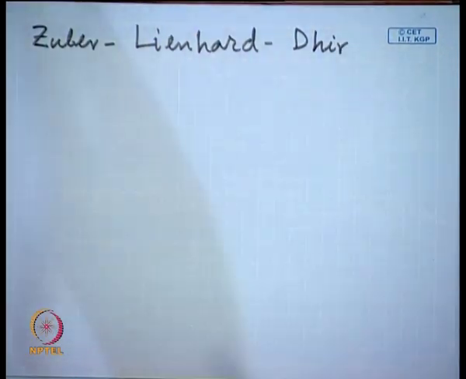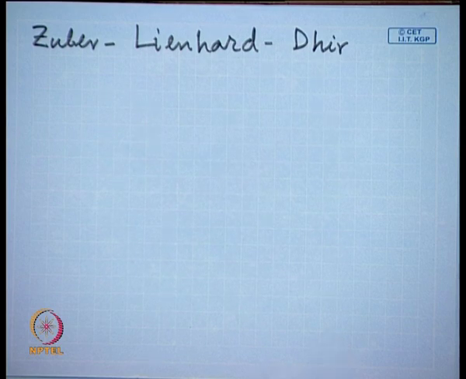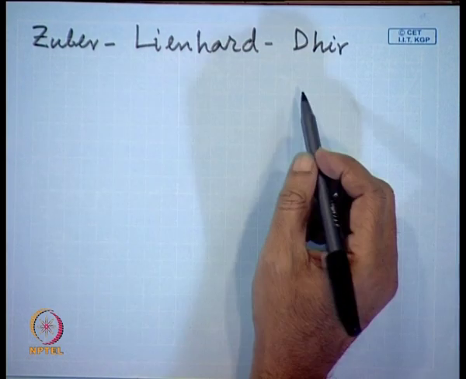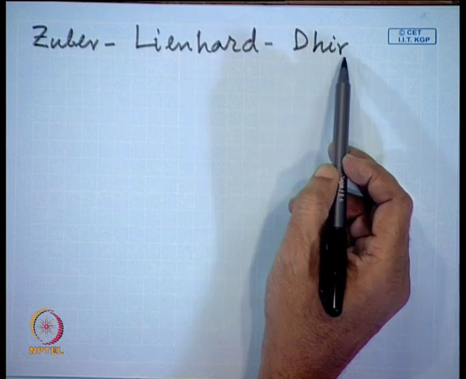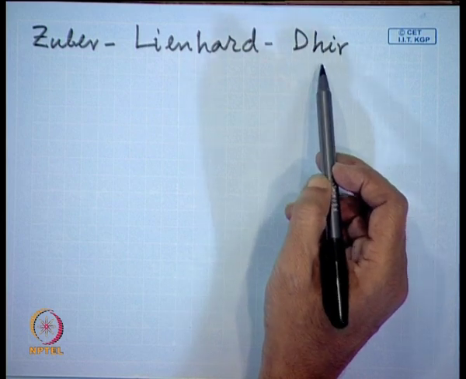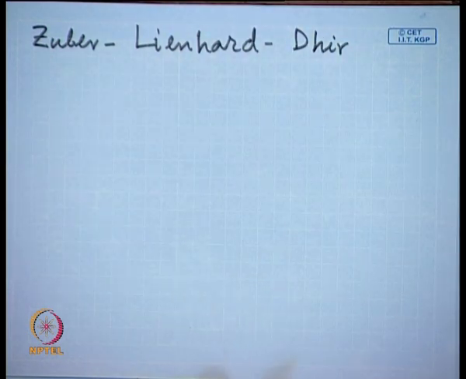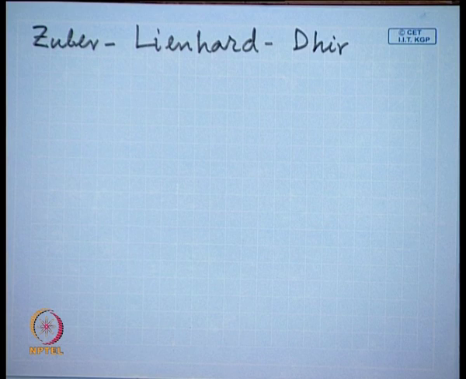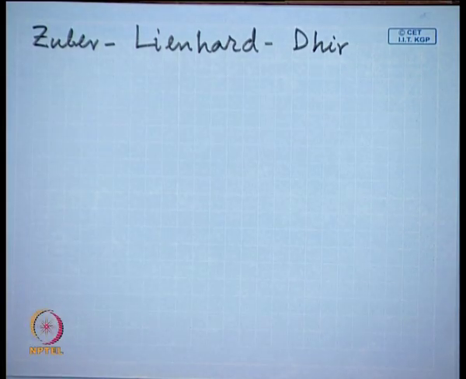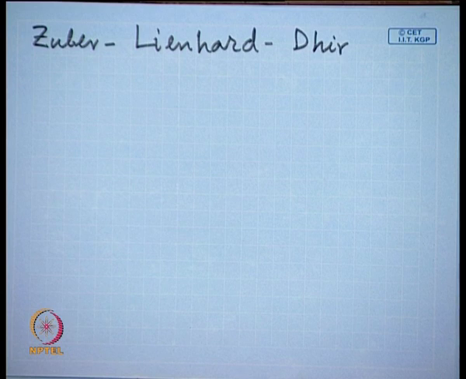Dhir is of Indian origin. V.K. Dhir, he has also contributed very substantially for the theory of boiling heat transfer. He is of Indian origin. So, Kutateladze's theory, then Zuber's modification, and then again the work of Lienhard and Dhir, both are on the same line. So, all these are for the development of your hydrodynamic theory of critical heat flux.